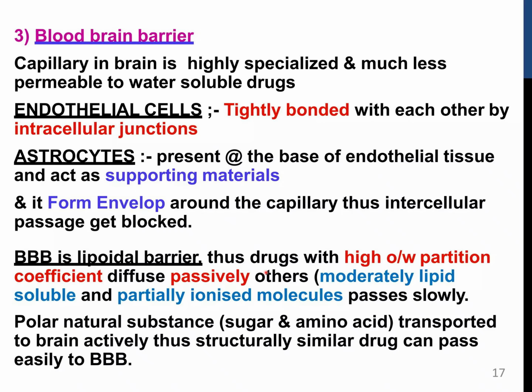BBB is a lipoidal barrier, thus drug with a high partition coefficient diffuses passively, while others and partially ionized molecules pass slowly. Polar substances are transported to the brain actively, thus structurally similar drugs can pass easily through the BBB.